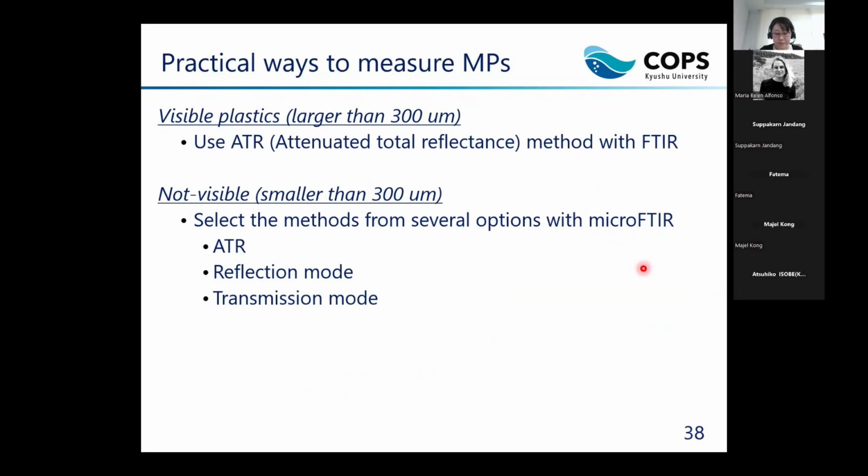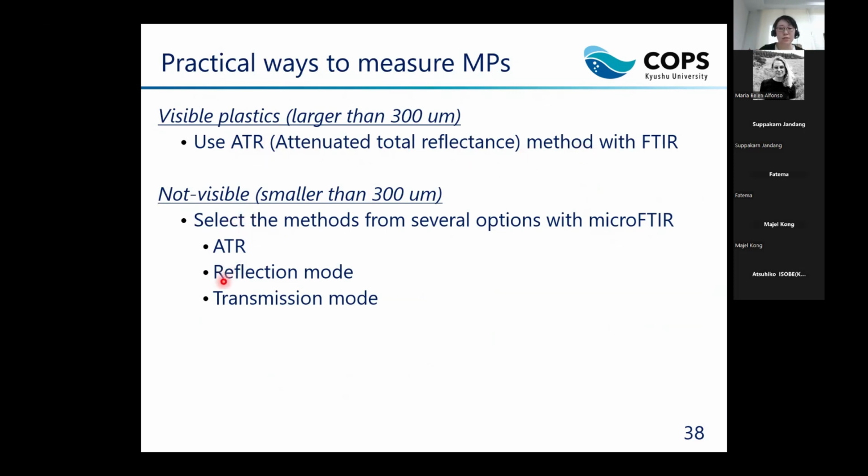So far, I introduced the basic idea of what FTIR is and how to interpret the data. And from now, I want to explain the functions, the methods of the FTIR. Mainly, you can see three modes to measure the sample. One is ATR, the attenuated total reflectance method.